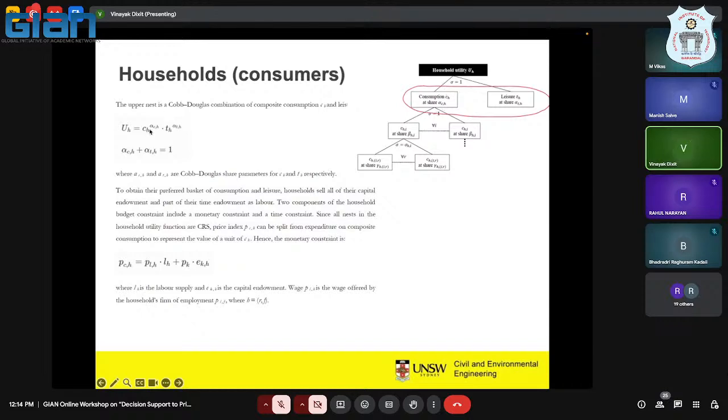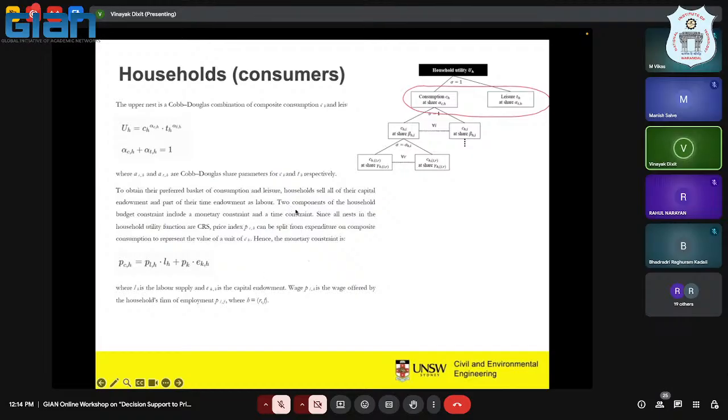So C_H is equal to C_HI to the power beta_HI plus C'_HI raised to power beta'_HI, and those two should sum to 1. And as you go down.